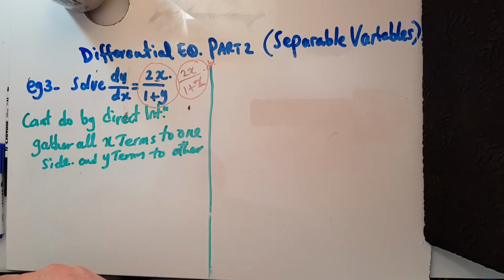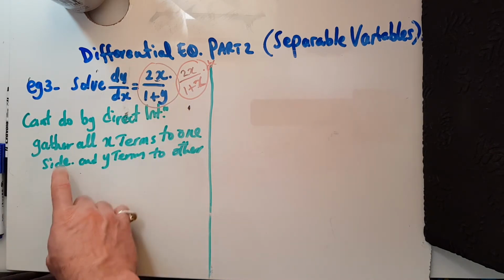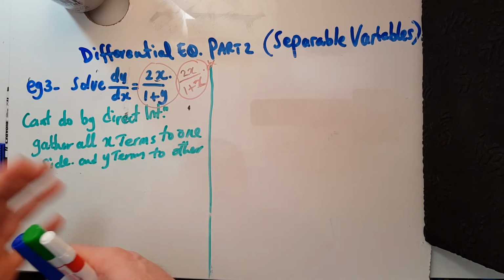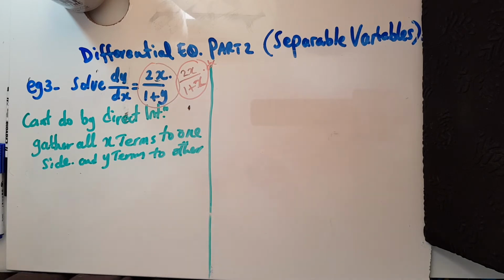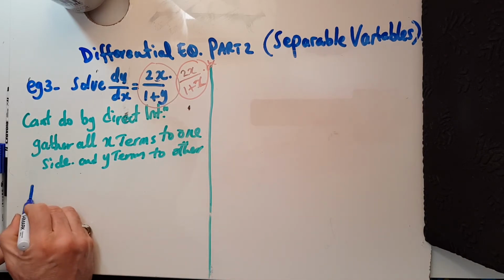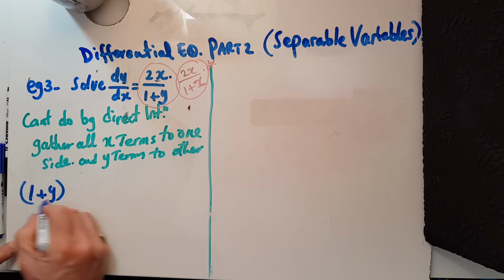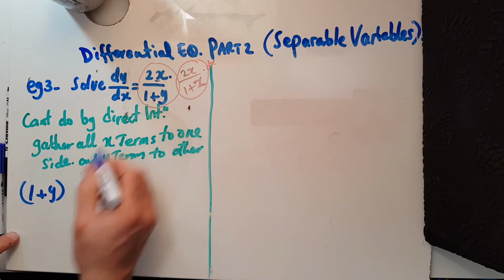So what you should do is gather all the x terms to one side and all the y terms to the other side. In this case we just cross multiply, so we say 1 plus y, cross multiply dy.